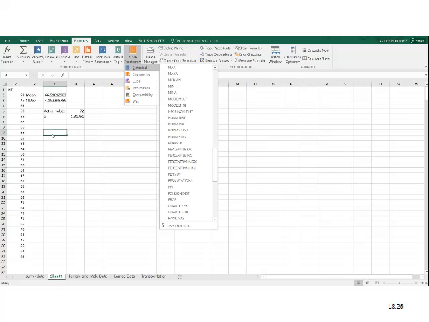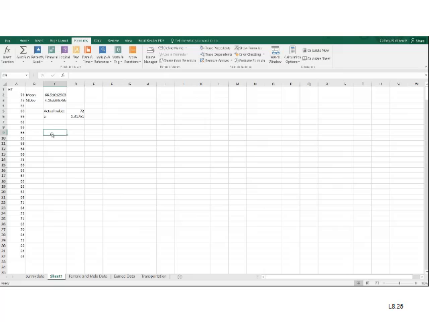Let's work with z-scores. Let's say we want to know the area between z equals negative 0.2 and z equals positive 1.3.